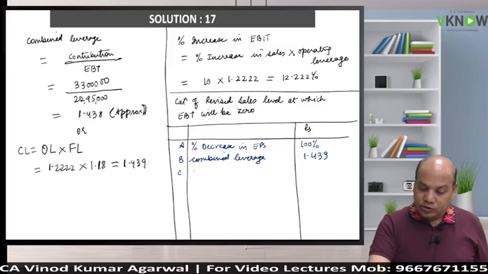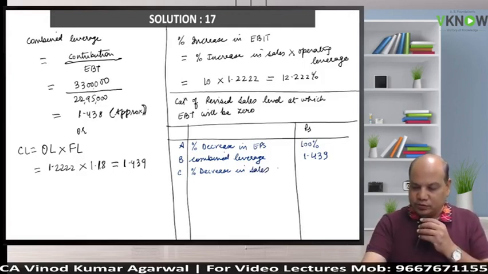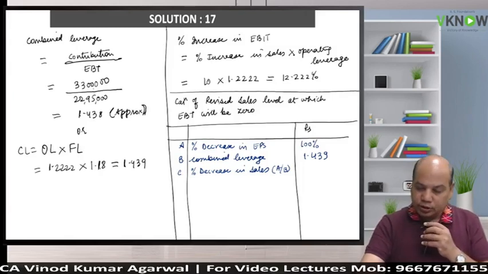Point C will be percentage decrease in sales, A by B. That is 100 divided by 1.439, which is 69.4927% in 4 digits.